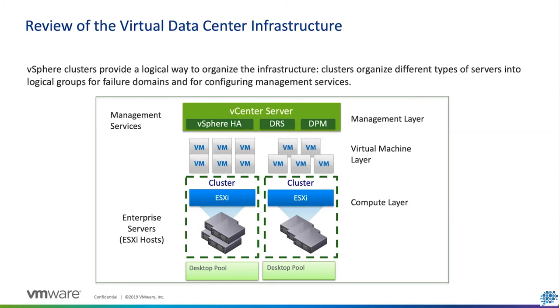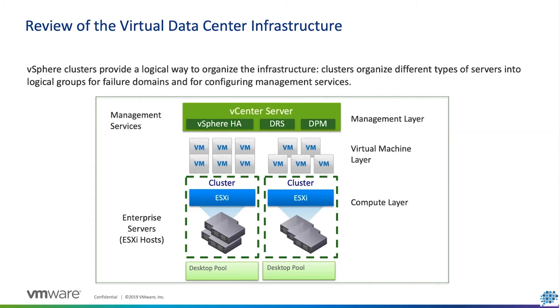One thing we need to consider here as well: for each cluster we create, we need to define certain configuration items. And we need to know that, for example, if we create a desktop pool in Horizon, we cannot span that across multiple clusters.